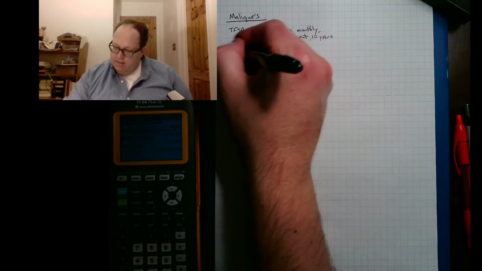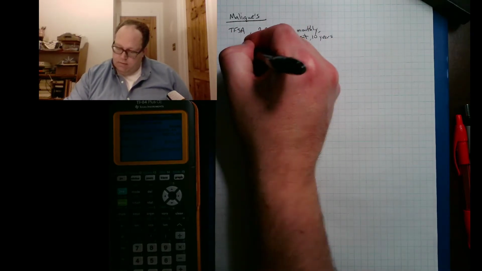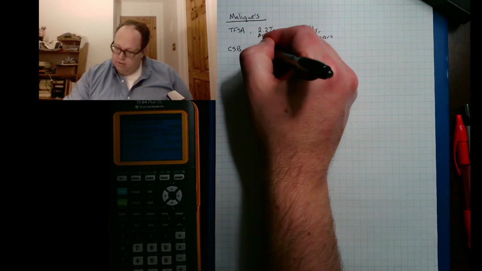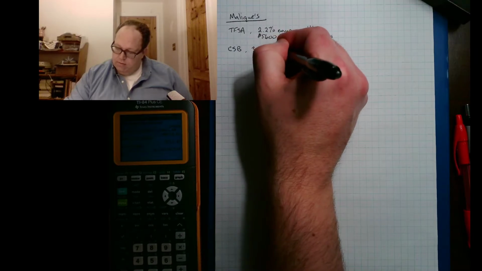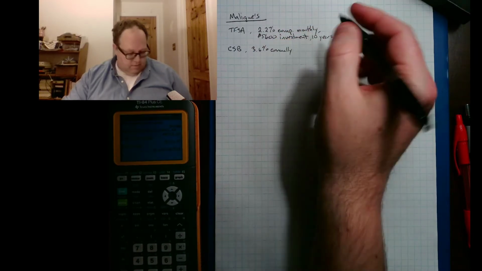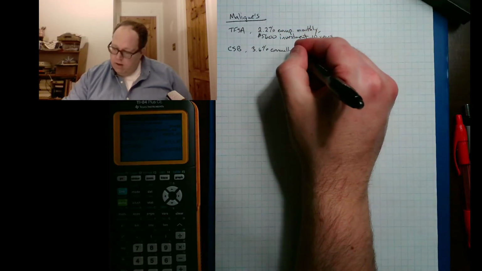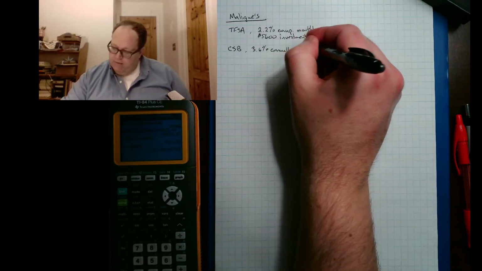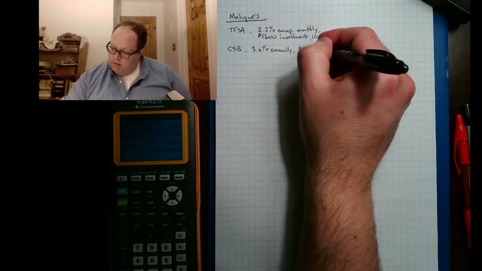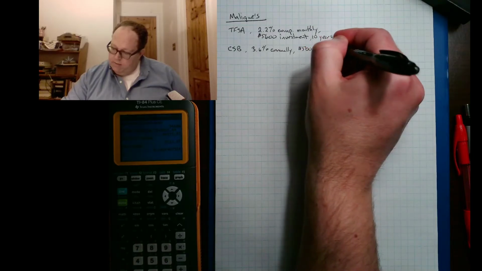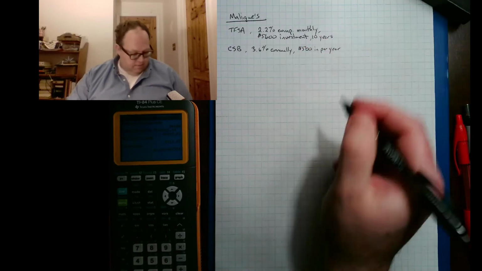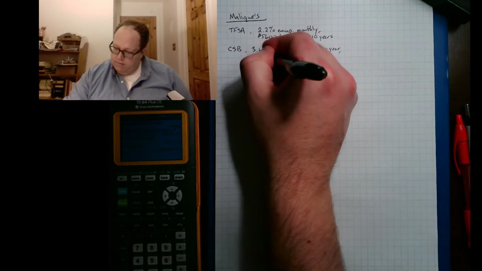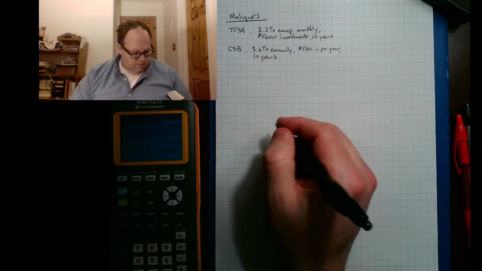He has a Canada Savings Bond, which earns 3.6% annually, with no initial investment, but is putting $500 in per year. And that's also running for 10 years.